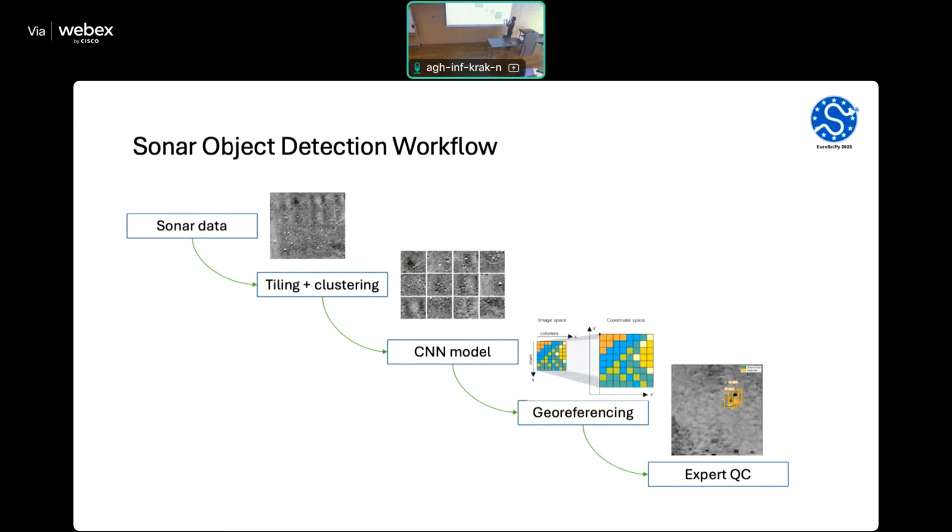Once you have got it, before you send all of these predictions to the client to build any infrastructure or to get the environmental consent, it is done by an expert QC. A geoscientist sits and validates each and every point. This is quite important because we want to know, are there any misclassifications? Have we missed any stones or boulders or any objects there? So this is quite important.